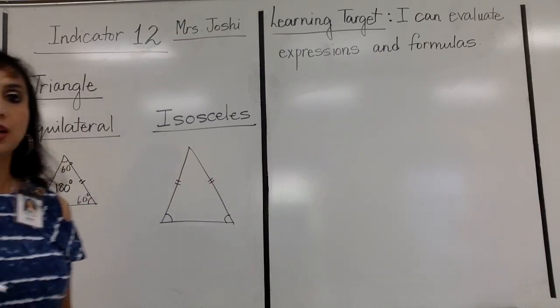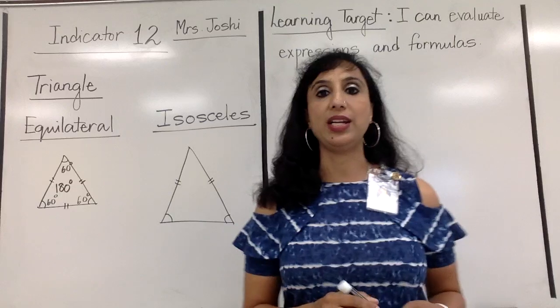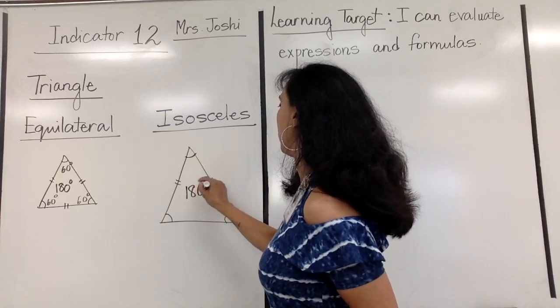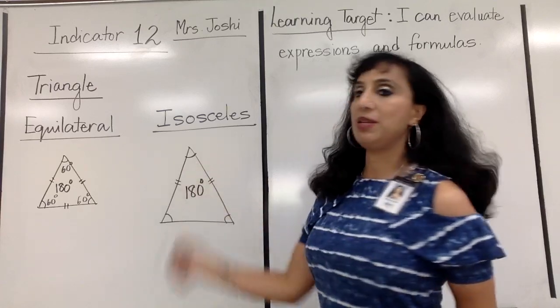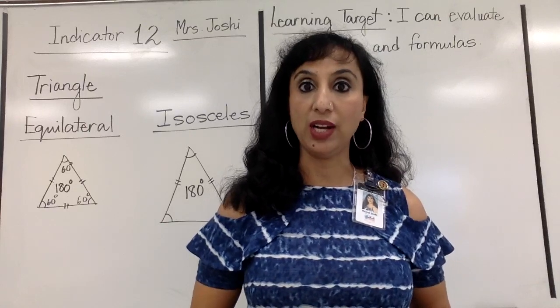One will be different. But again, the internal measure of all triangles is always 180 degrees. So if you are given values and you are supposed to find the missing value, you just know that internal angles of a triangle measure up to 180 degrees.